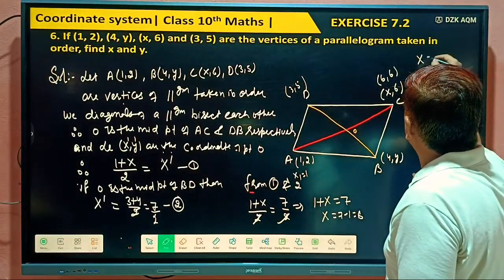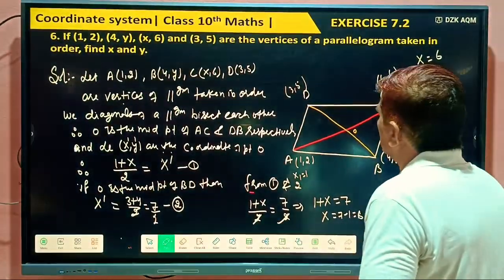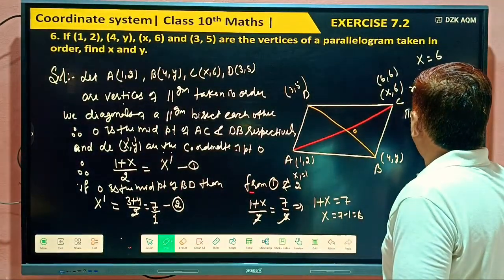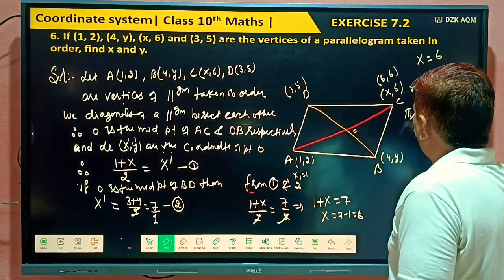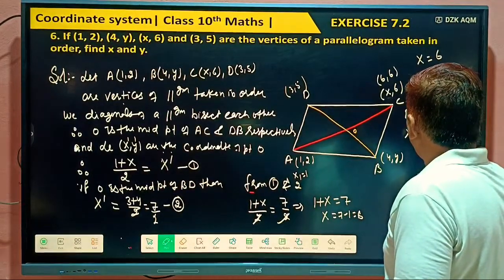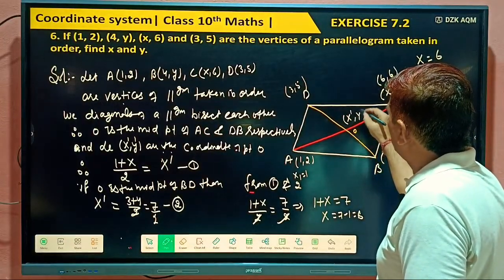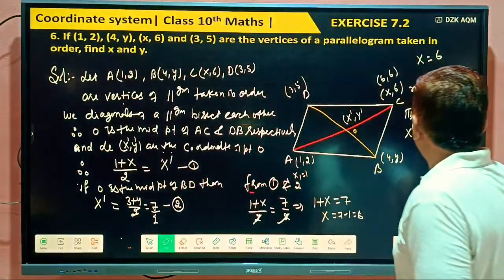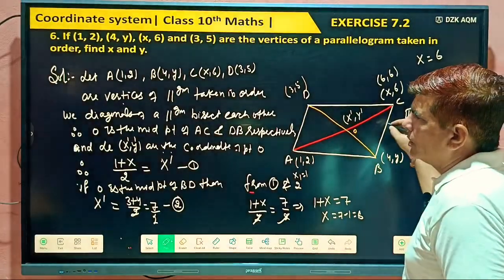So the value of x is how much? 6. Similarly, we can find out the value of x dash. x dash is the coordinate of this, and y dash. So x dash is equal to (1 plus x) by 2.